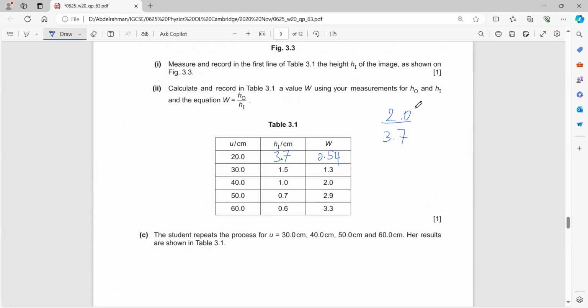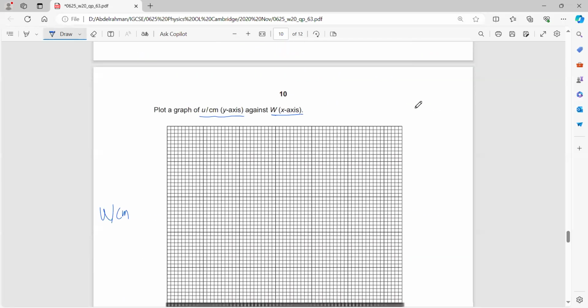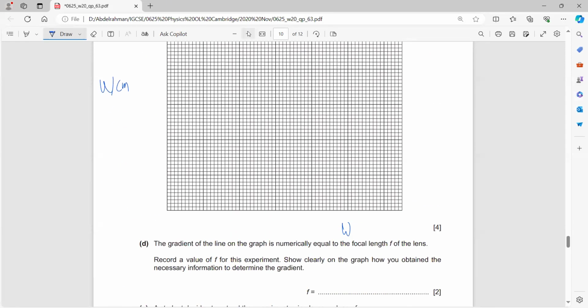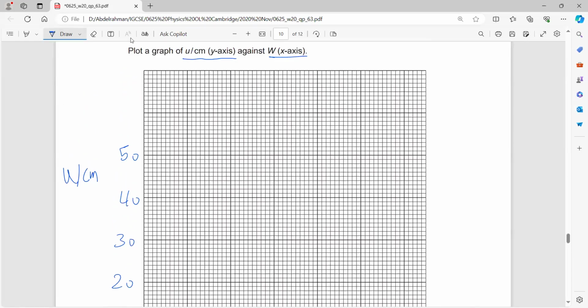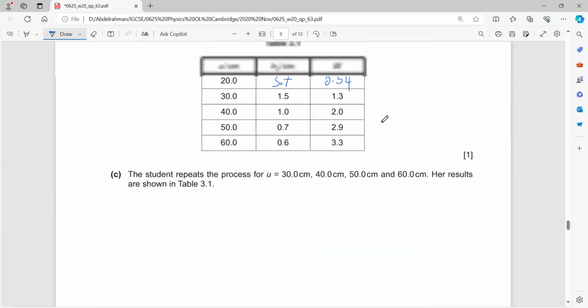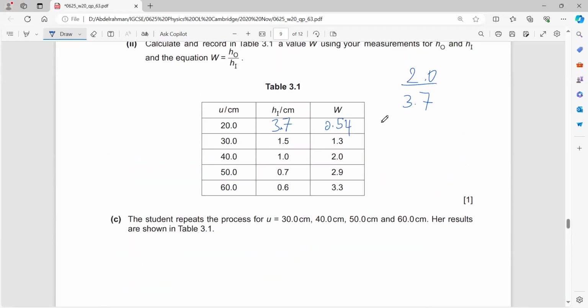For u, let's check 20, 30, 40, 50, 60. This could be easy if I start from 10, then 20, 30, 40, 50, and 60. For the magnification, the values go from 0.54 up to 3.3.